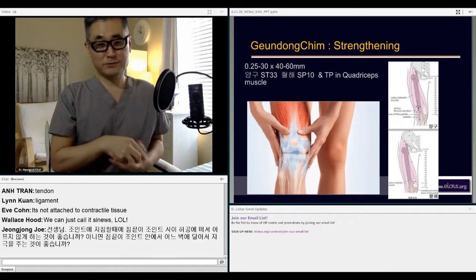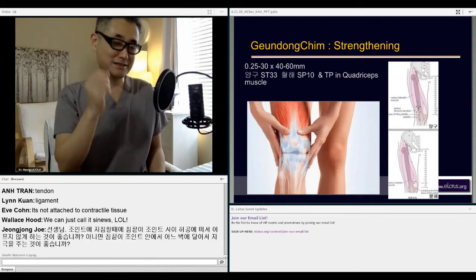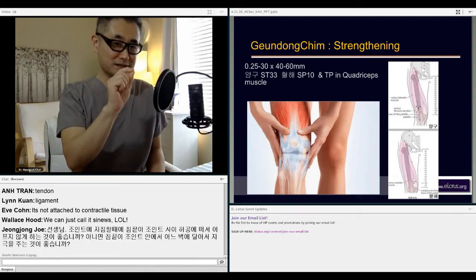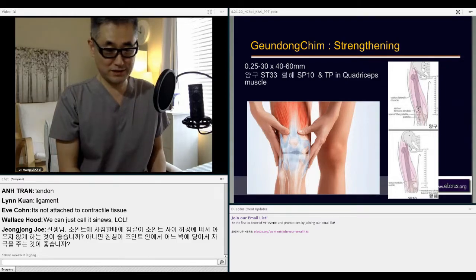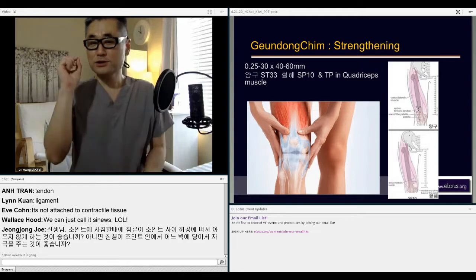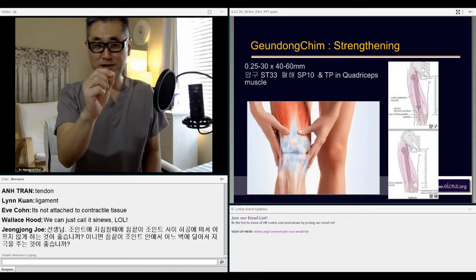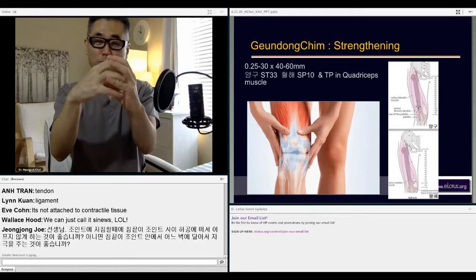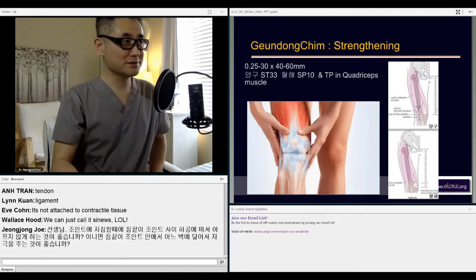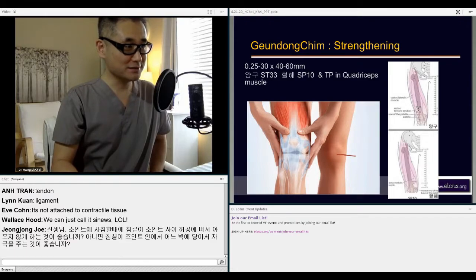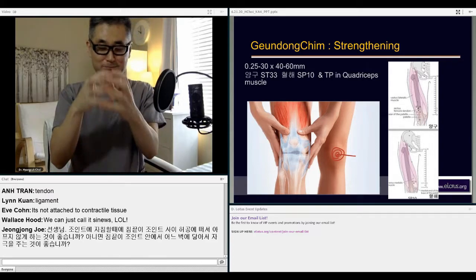Yeah, one of my colleagues from Korea does the same technique, but he tries to stimulate inside the structures, but I don't do that. And I do not think I need to, because when you insert a needle, blood circulation forms shaped like a ball around the needle tip. If you put the needle here, the blood circulation makes a 3D ball.